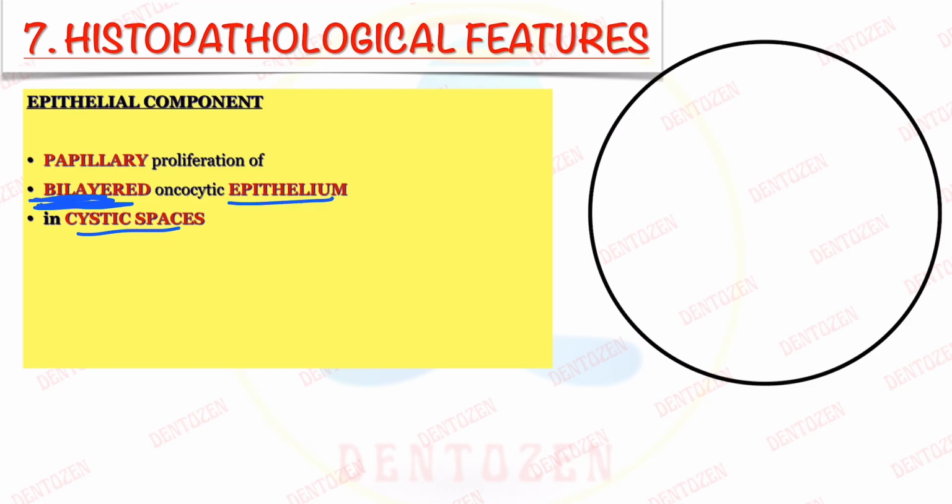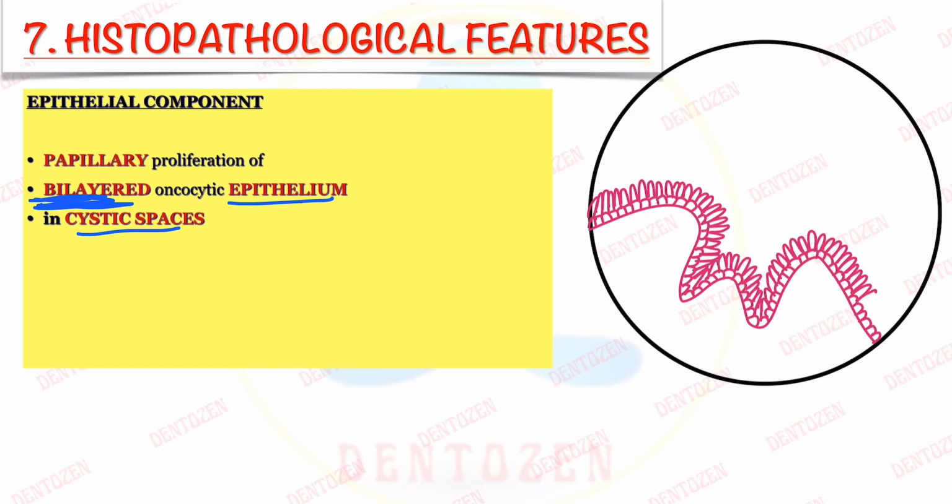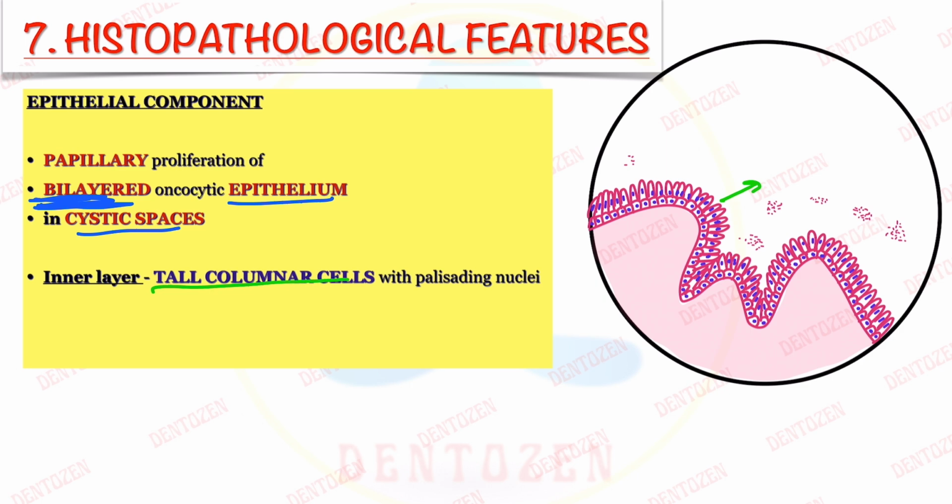Now, when we look at these two layers, what are they made up of? The inner layer and outer layer. The outer layer is made up of cuboidal cells and the inner layer of tall columnar cells, as you can see here, and these are the nuclei. So the inner cells are the ones towards the cystic lumen. They are made up of tall columnar cells with palisading nuclei. What is palisading?